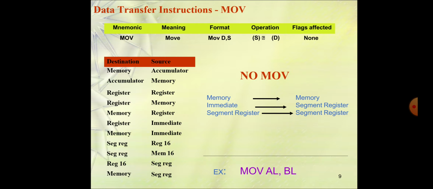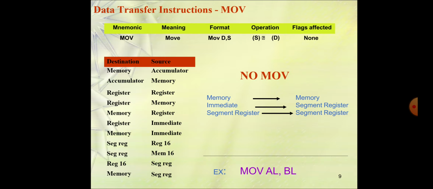Now we'll go to the first instruction, that is MOV. This is a very important and most used instruction, and it is used to transfer, or you can say move, the data from one location to another location. The location can be a register, memory, accumulator, different types of registers, or even an immediate value.